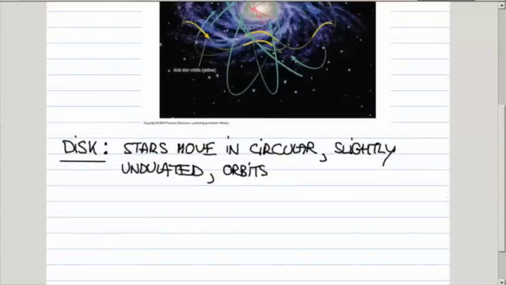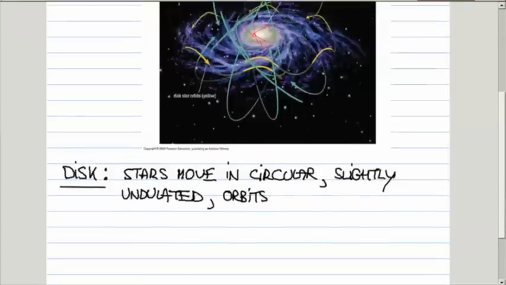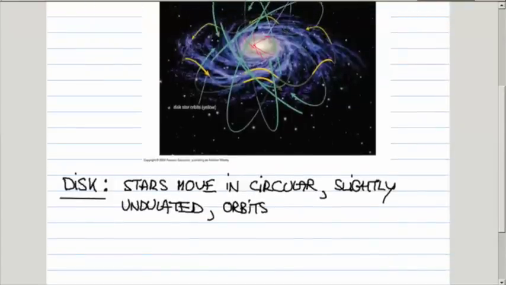And they also all move in essentially the same direction, just like all the planets in the solar system revolve around the sun in the same direction, which is counterclockwise, as one would observe from far above the Earth's North Pole. So the disk stars all move in the same direction.